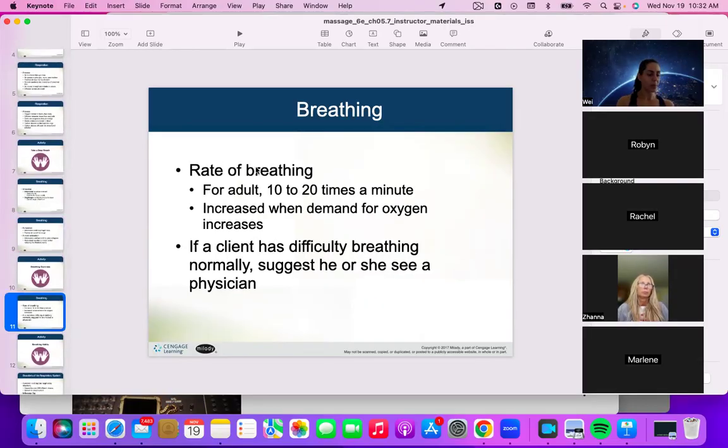Now, when we talk about the rate of breathing, this is in an average adult, not taking in sick adults or athletic people, just an average healthy adult. Inhale and exhale is one cycle, about 10 to 20 times a minute.